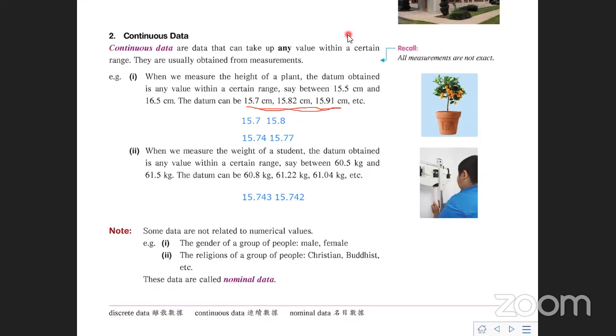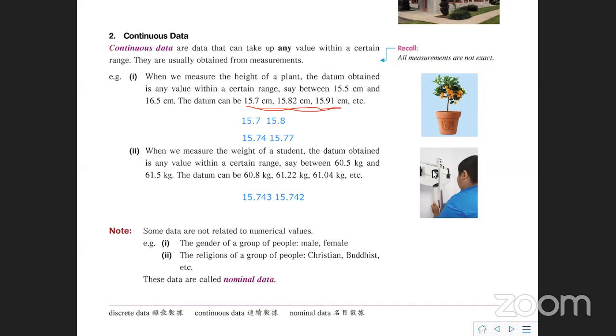But usually we don't have so many decimal places. It's just the case that our measurement tools, for example, if we just use a ruler, the ruler is not accurate enough. We cannot read such accurate values from the ruler.